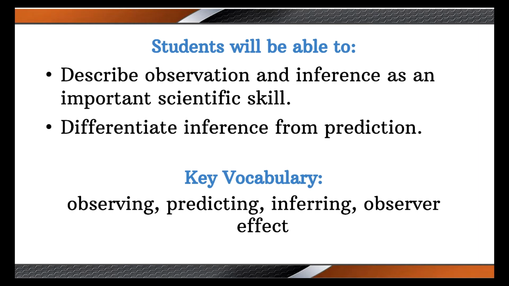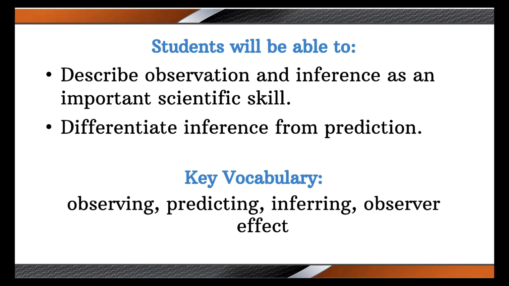Now, throughout the semester, you should keep a list, whether it be on your computer, in a Word document, on a piece of paper, or in your notebook. You should keep all of the key vocabulary that we're going to use in all the lessons, because it is going to show up all the time on the quizzes, on the tests.